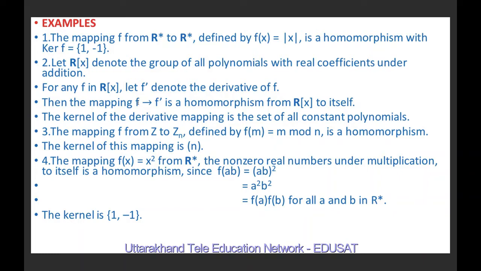Then the mapping from f to f' is a homomorphism from R[x] to itself. The kernel of the derivative mapping is the set of all constant polynomials. And the mapping f from Z to Zn defined by f(m) = m mod n is a homomorphism and its kernel is nZ.